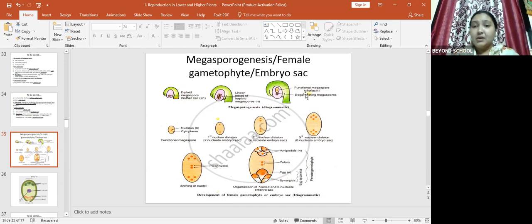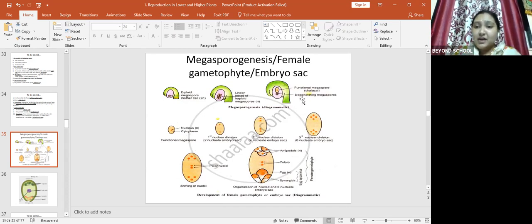The whole ovule is formed with a chalazal pole and a micropylar region. For further development, only one megaspore remains functional; the rest of the megaspores slowly degenerate.